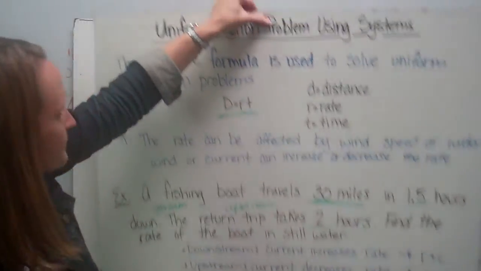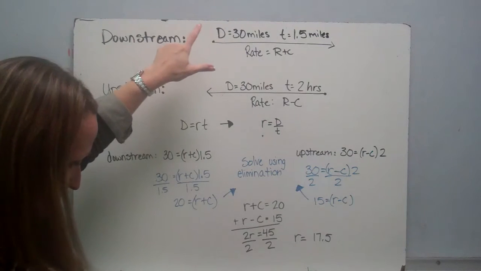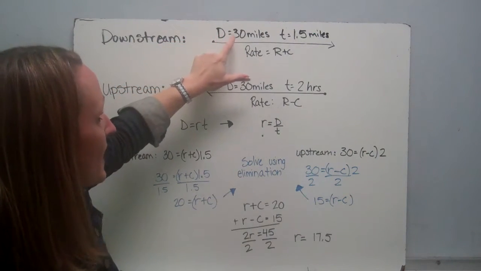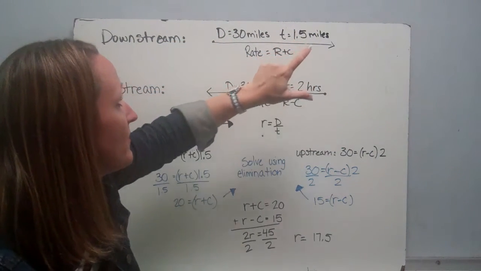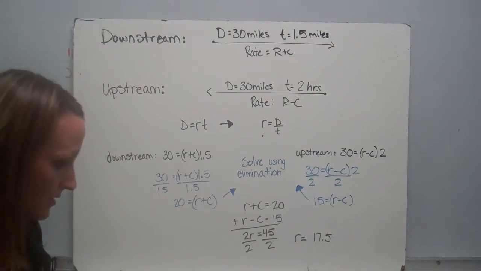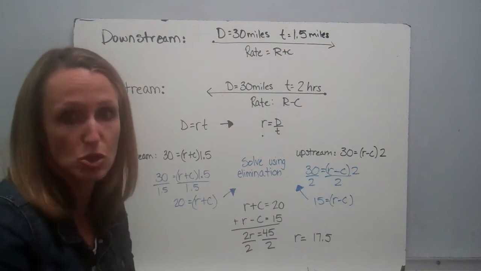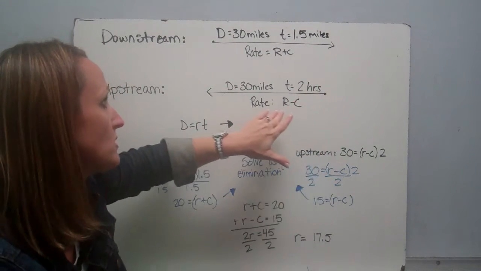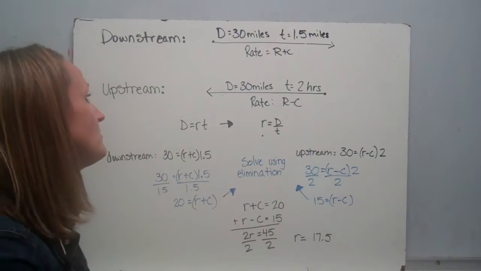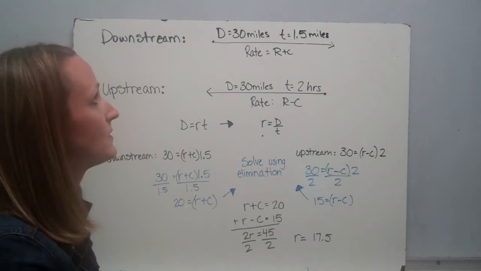Okay, so downstream, we're traveling 30 miles at a time of 1.5 hours, and our rate is R plus C. When we're going upstream, we're still going 30 miles, but it took us longer. It took us 2 hours, so our rate is R minus C. Remember, the distance formula is R times T. Okay?